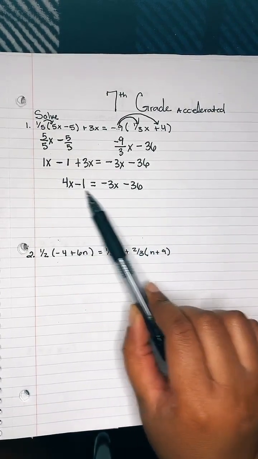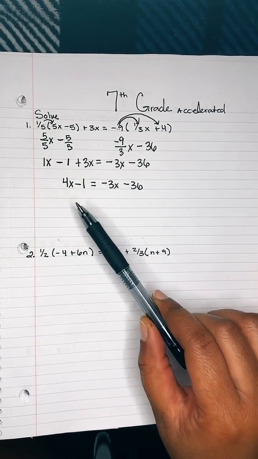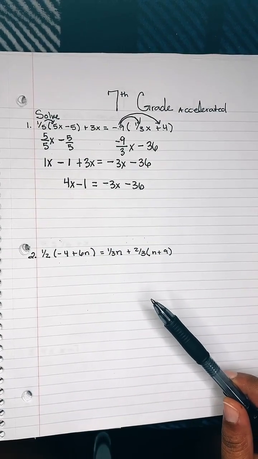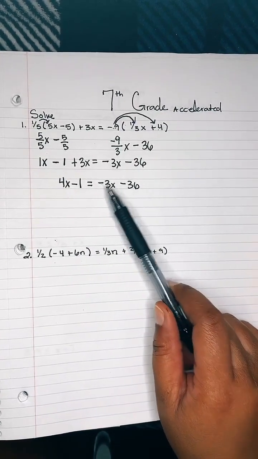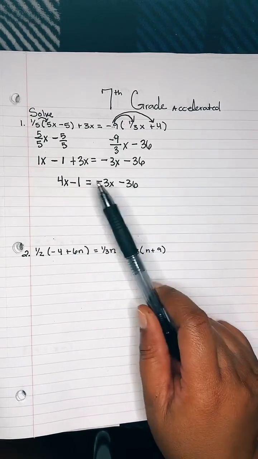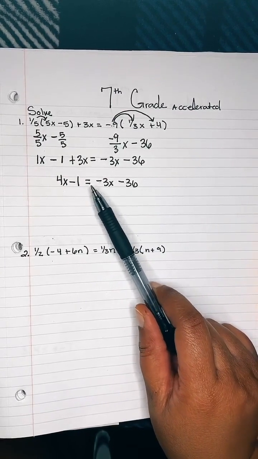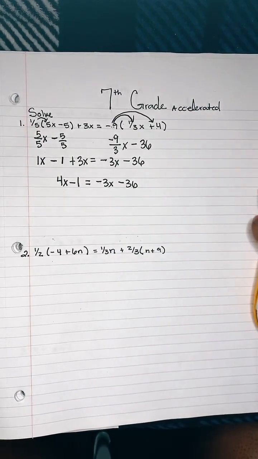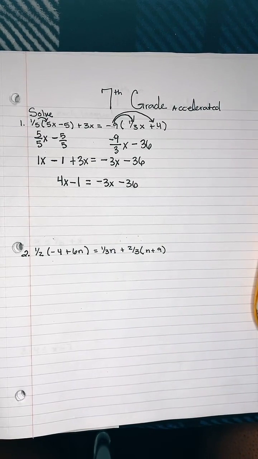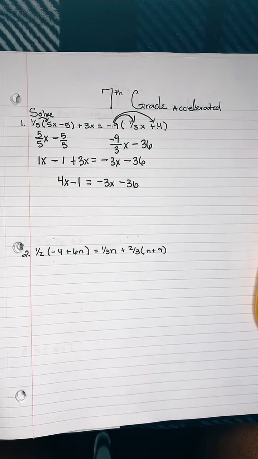Now we have a more simplified version. What side do... Ooh, somebody said it. Oh, thank you, Mo. Move this negative 3x to the other side. How do we move this negative? What's opposite of negative? Let me see it in the chat. What's opposite of negative? Add. Good.